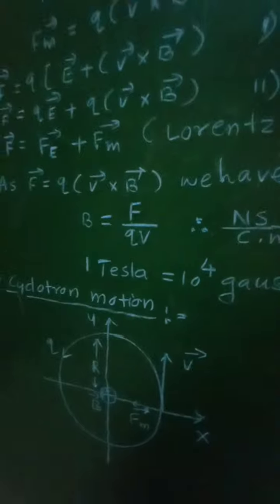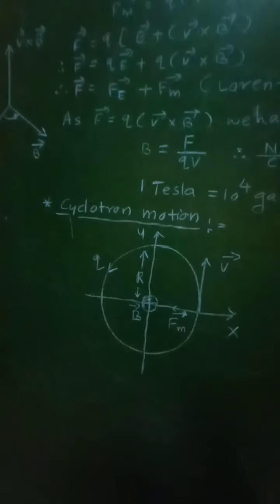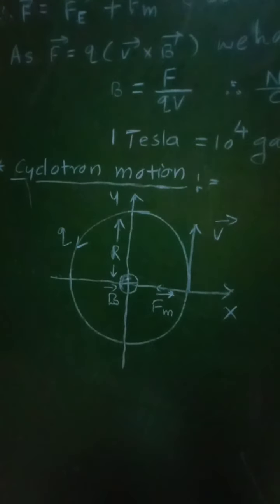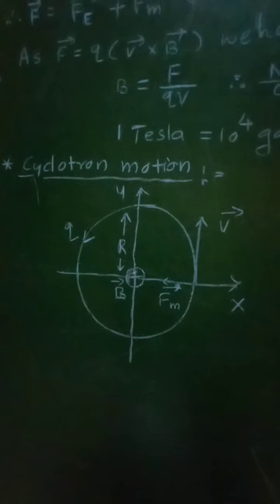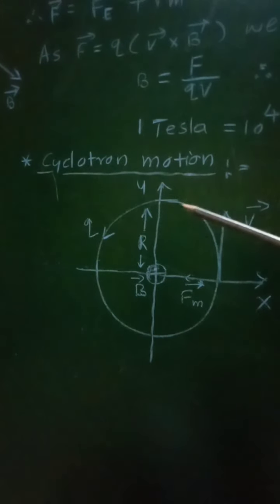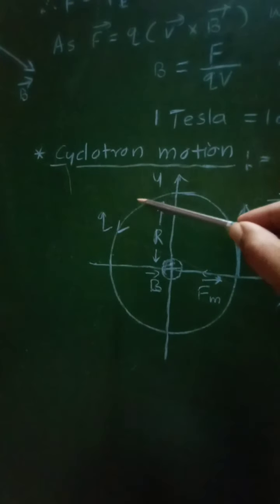Now let us consider the next point, that is the cyclotron motion. In order to study cyclotron motion, we will consider a charge Q having mass m circulating along a circular path.